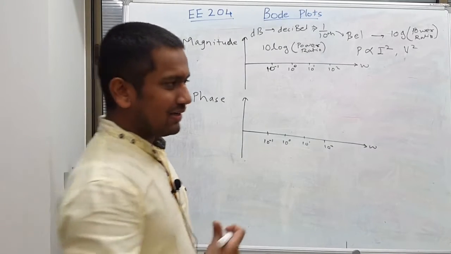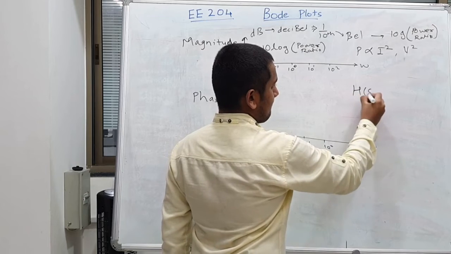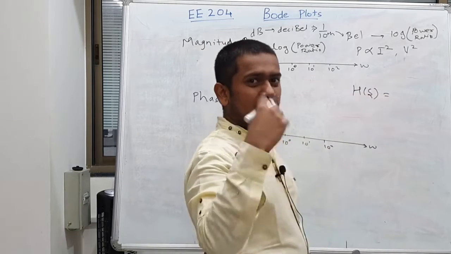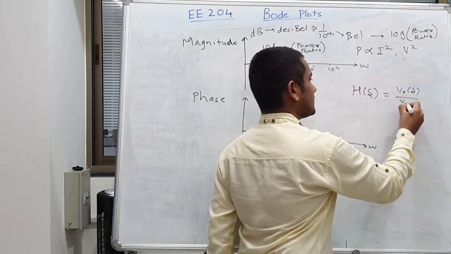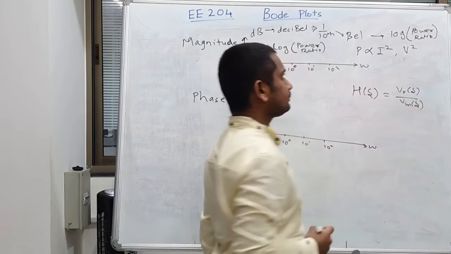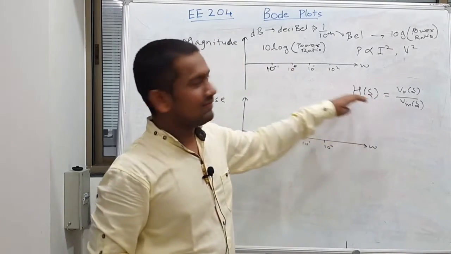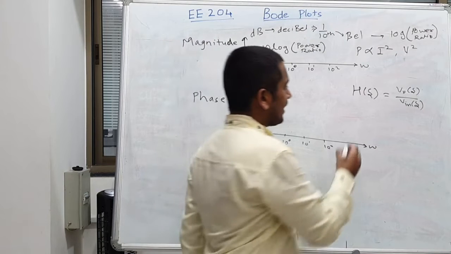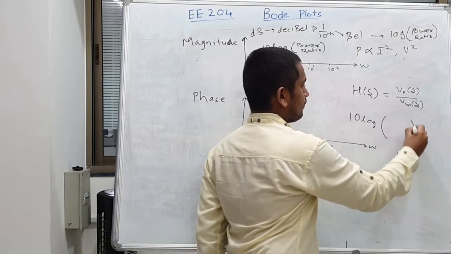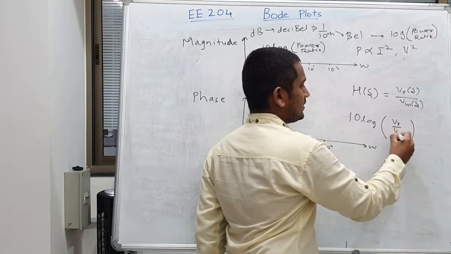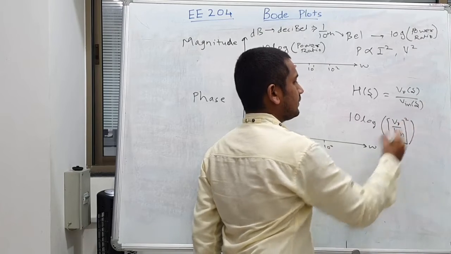It means that if we have a system H of S which has a transfer function V out of S by V in of S, and we want to convert this H in dB, we will apply 10 log of V naught by V in, which is voltage ratio, but square of it.